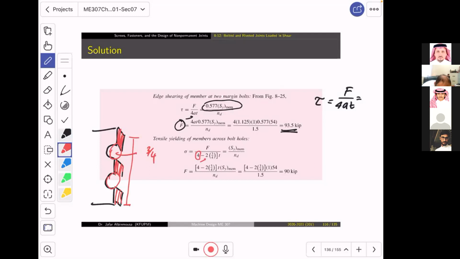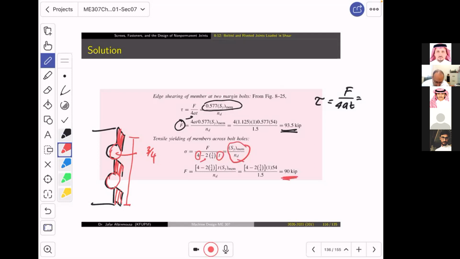You multiply it by the thickness, and then you deal with it as an allowable stress, which is equal to the yield stress of the member, 1018 cold drawn, divided by the factor of safety, and then you end up getting how much? 90 kilopounds.